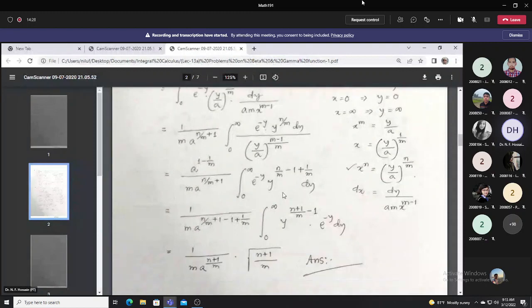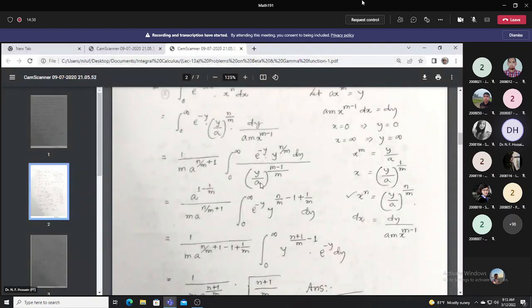Now let us do the simplification. Here m is a constant, a is a constant. So in the denominator the power of a is n by m and here it is 1, so a to the power n by m plus 1. And there is 1 by m here. So this part goes outside the integral, and under the integral sign e to the power minus y into, in the upper side, y to the power n by m dy.